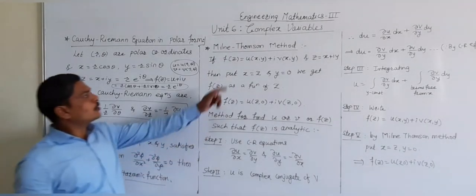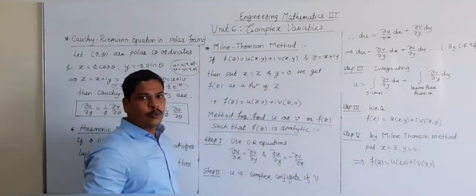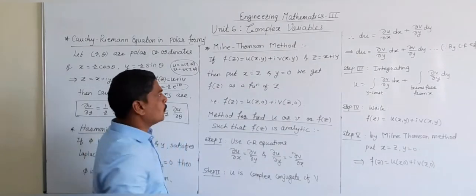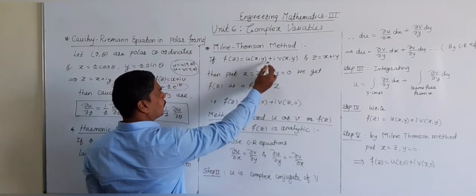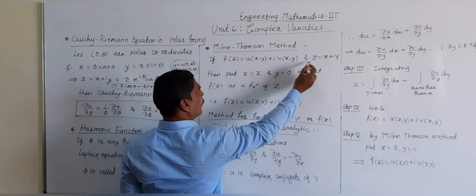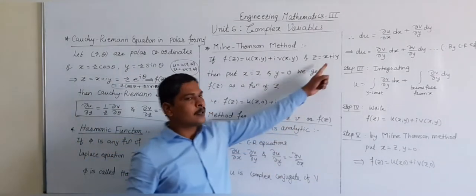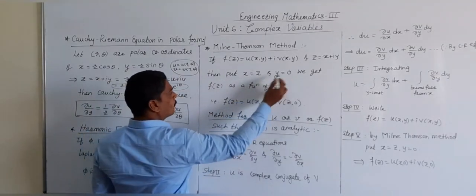Okay. Next is the Milne-Thomson method. This method is useful for writing a given function f in terms of z. This method says that if f of z is u of x comma y plus i times v of x comma y, and z is the complex number x plus iy, then put x equal to z and y equal to 0.